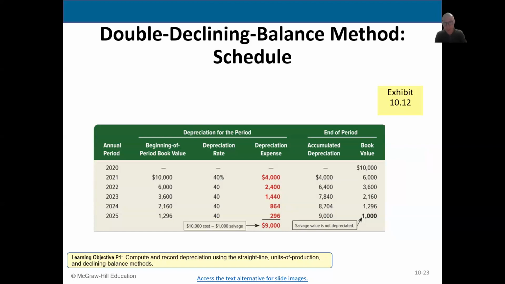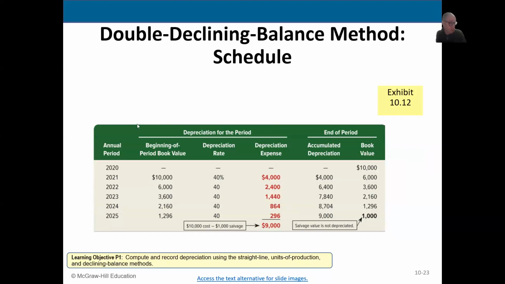Times 40%, 864. 2,160 minus 864, beginning book value, 1,296. 1,296 times 40% is 296. And you'll see we ended year 5 with a $1,000 book value. That's the salvage value. Yeah. So it all ties together. That's the double declining rate method.